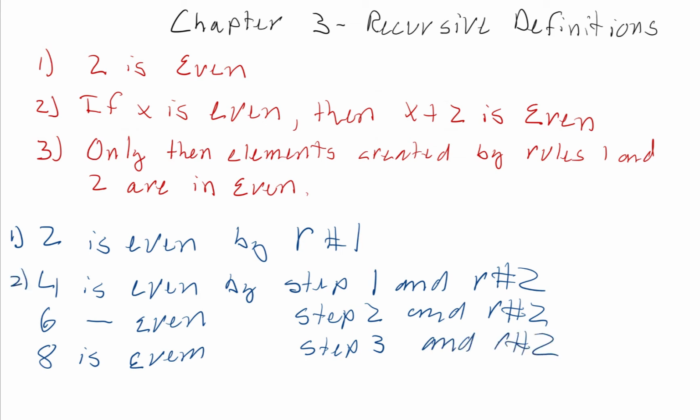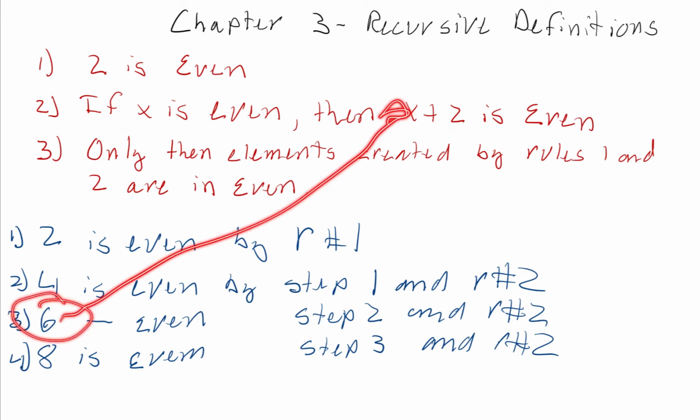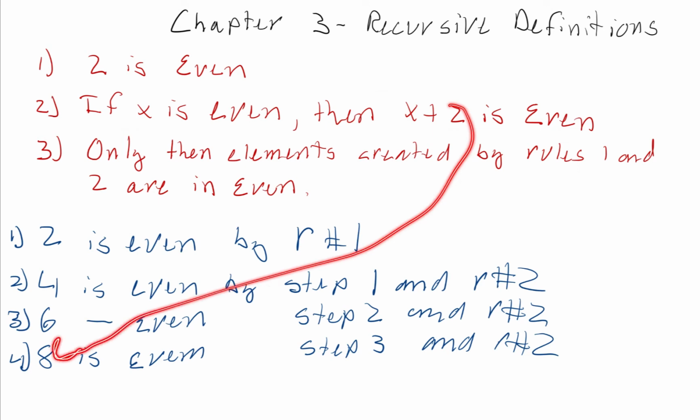By the way, this is step 2 and step 3, step 4. Basically this rule says we know 6 is even, so we can plug 6 in for x and get 8, and therefore 8 is even. So there's a short little proof proving that 8 is even using this recursive definition.